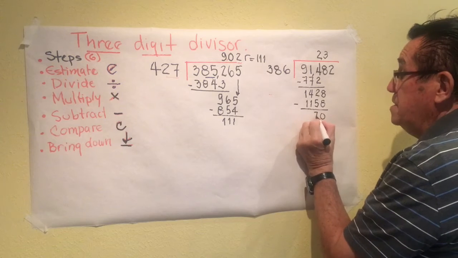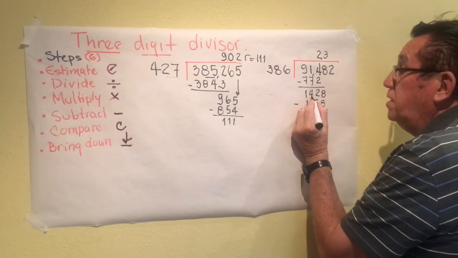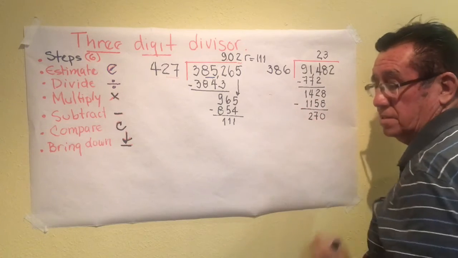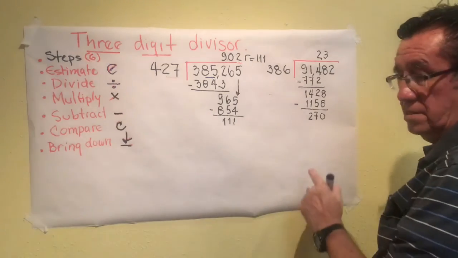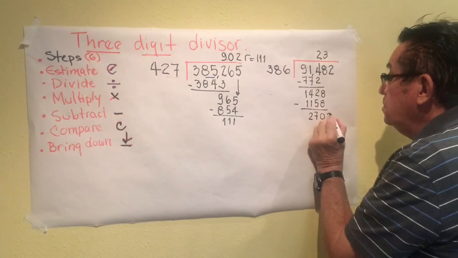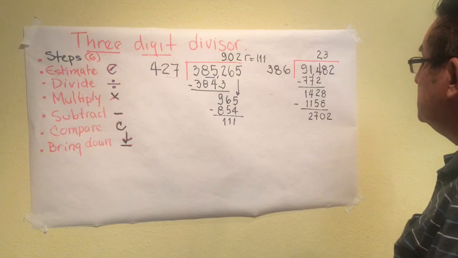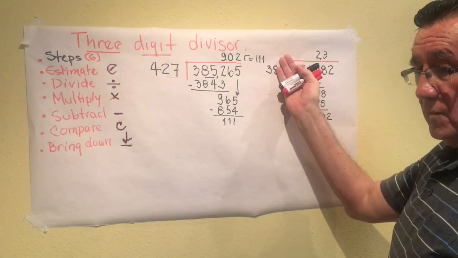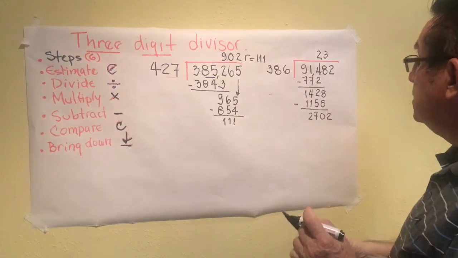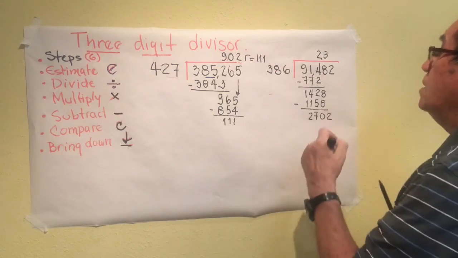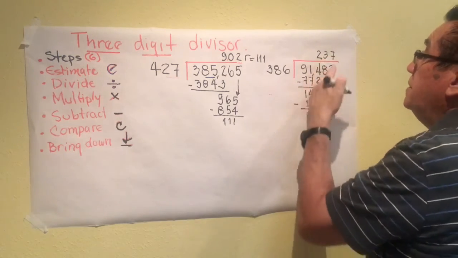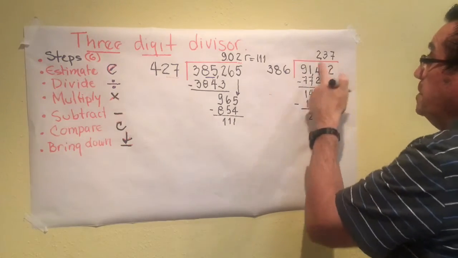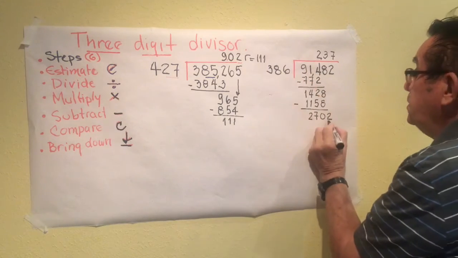I have 7. This becomes 13. 13 minus 1 is 2. So my remainder is 270. I bring down 2. Again, I did my estimation. How many 27's are there in 3? Well, 8 could be a good one, but let's use a smaller one. Let's use 7. 7 times 3 is 21, so it's gotta be close. 7 times 6 is 42.